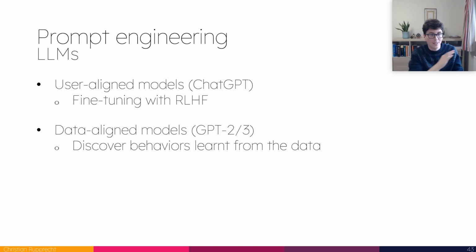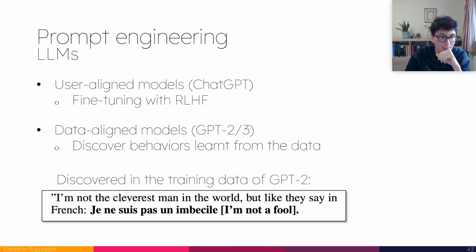And then we have data-aligned models, which are basically these models before they have been fine-tuned with human feedback. The data-aligned models discover their behaviors only from the data. So the human has not told them how to adapt to tasks that are presented. All they do is learn from the data they have seen in training.